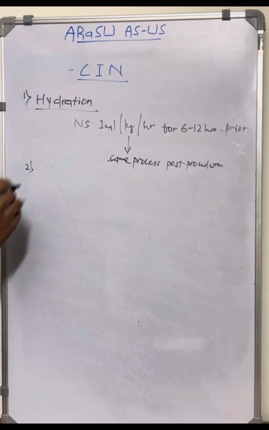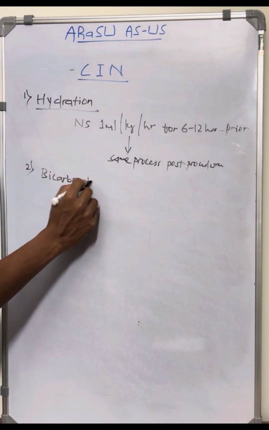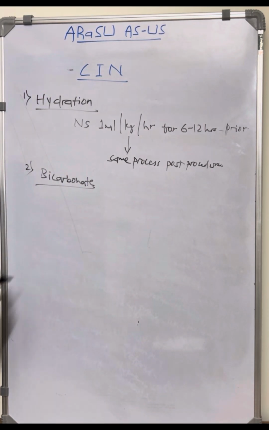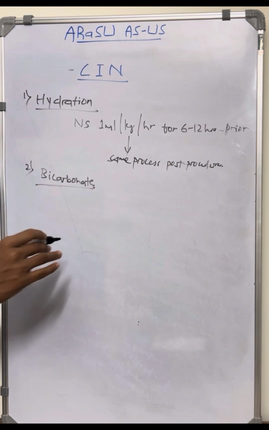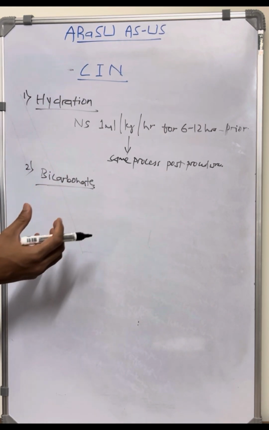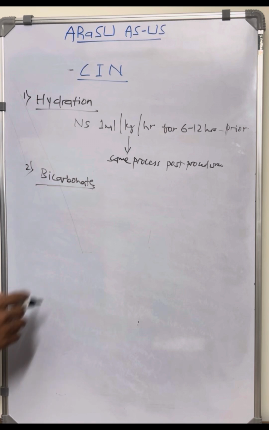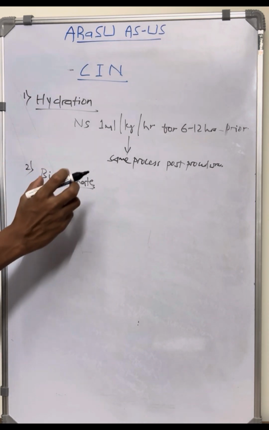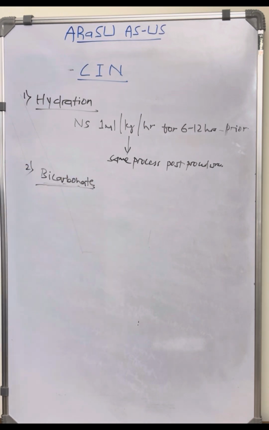The second thing is we can use bicarbonate. What this will do is, contrast in some mechanism will lead to acidosis, which will acidify the tubular fluid and in turn lead to damage of the tubular cells. So to prevent that acidic fluid inside the tubules, we can give bicarbonate supplement.